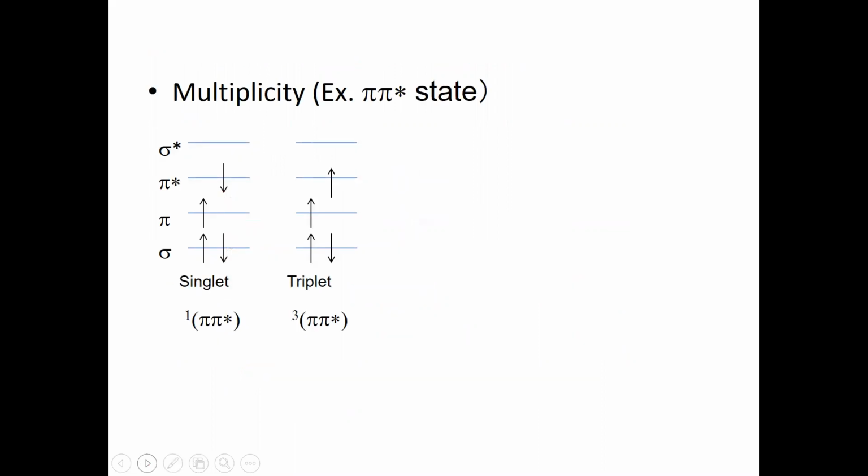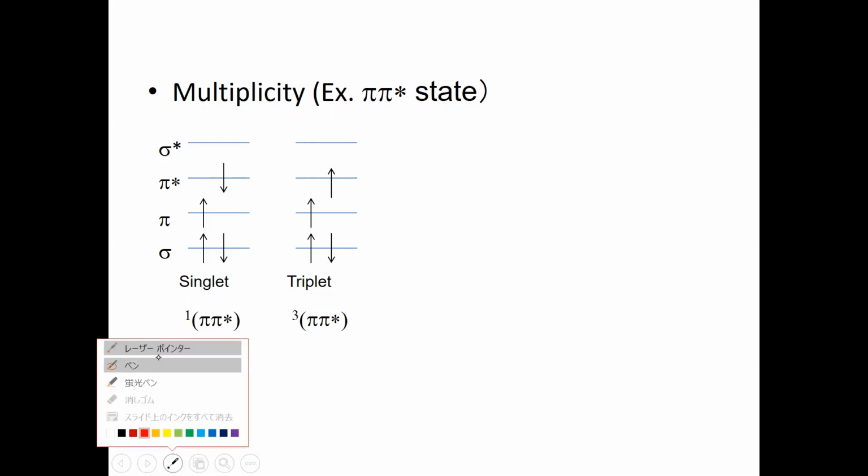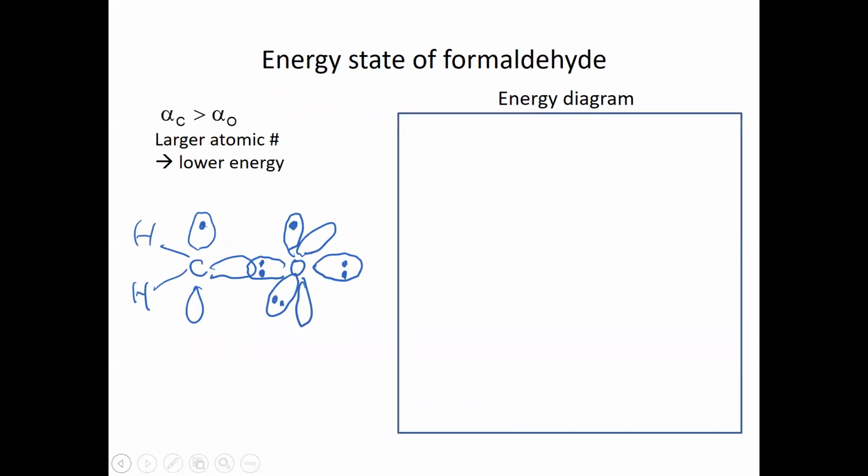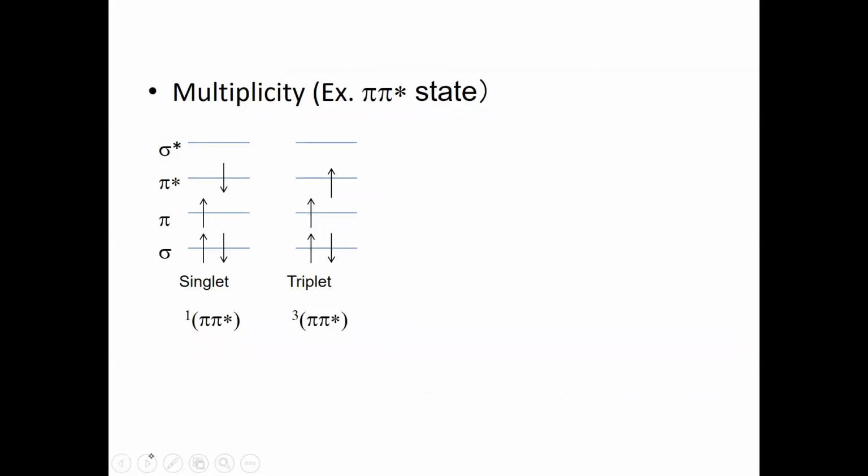And there's another important point of the excited state, which is multiplicity. As I briefly already explained, there are two types of excited state called a singlet state and a triplet state. This is written like this, 1 and then 3.